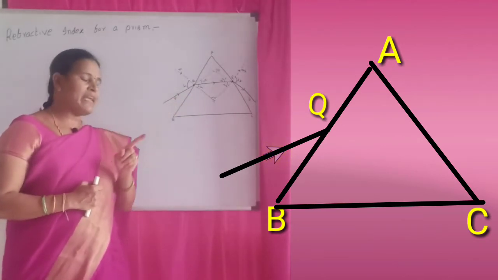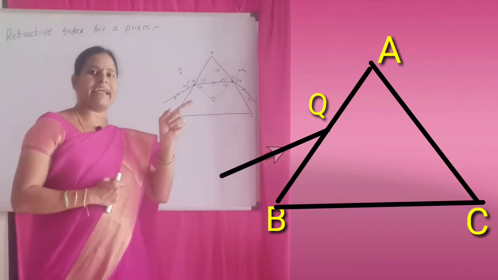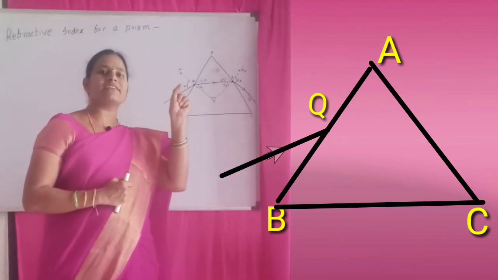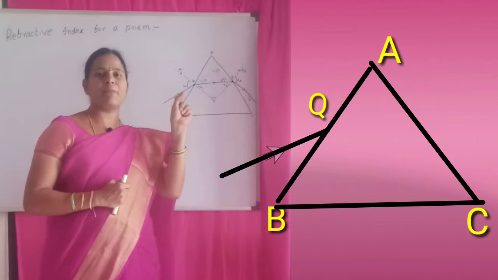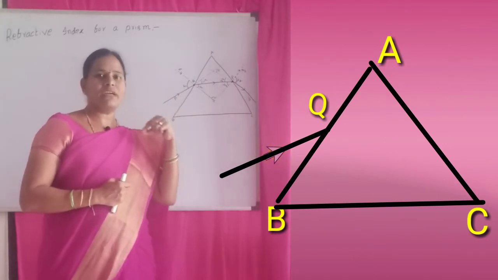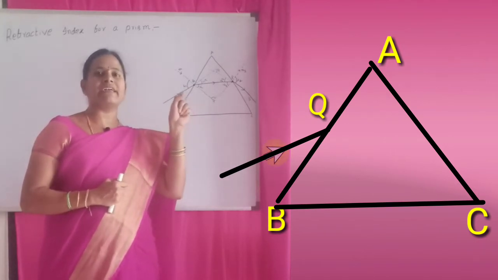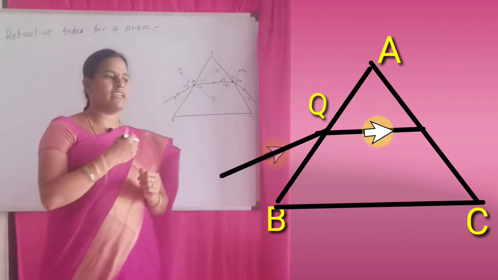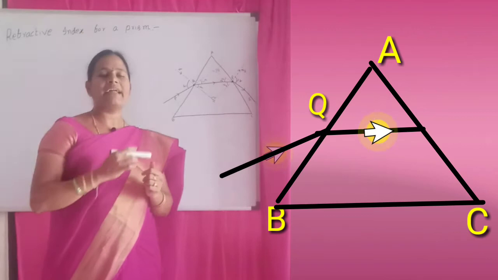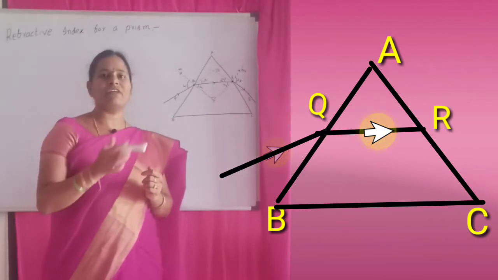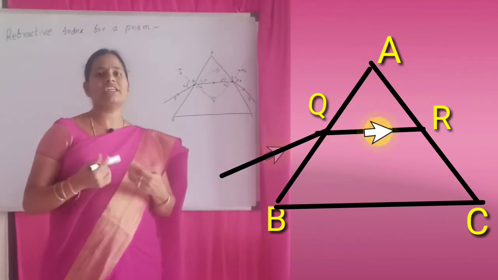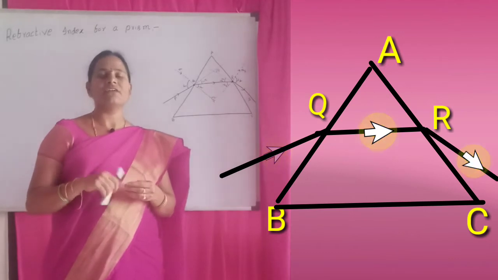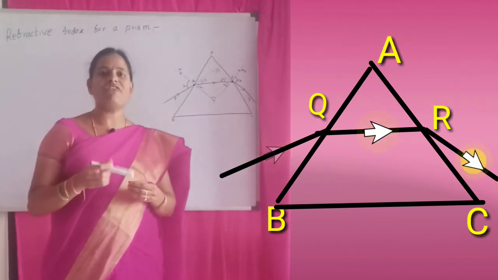Because the beam is traveling in the air and touches the surface of the prism at the point Q. So in the way of PQ it touches Q and is refracted, forms a straight line, and at the point R it bends. It means it will be refracted once again, and it follows the way of RS.